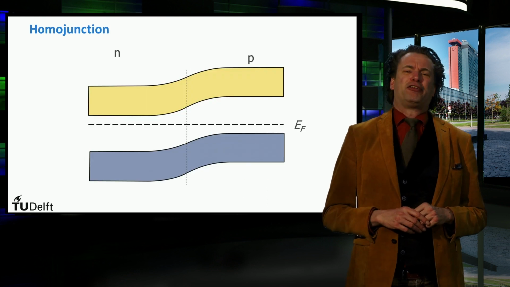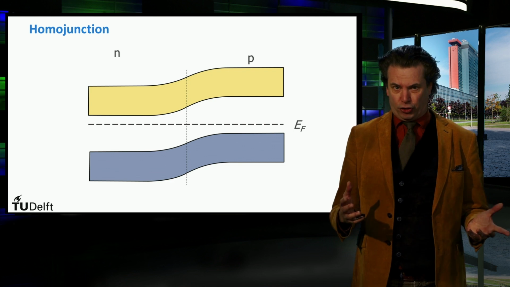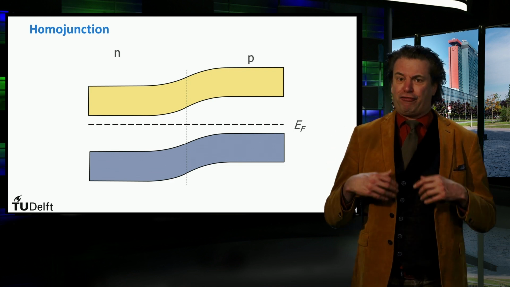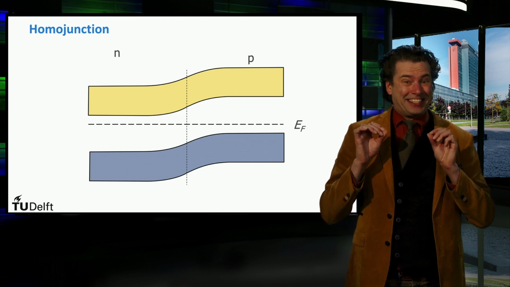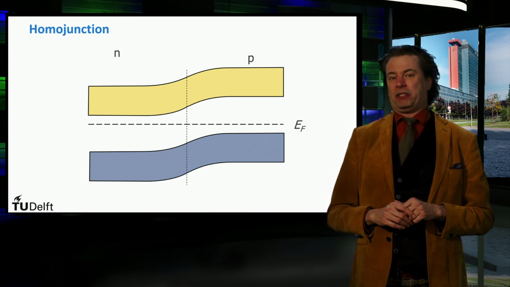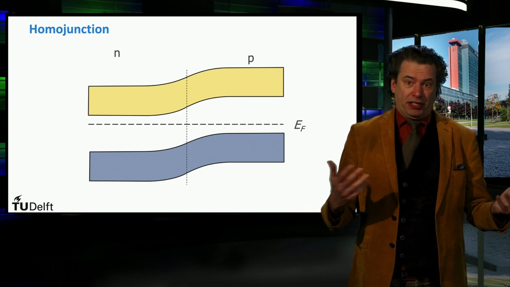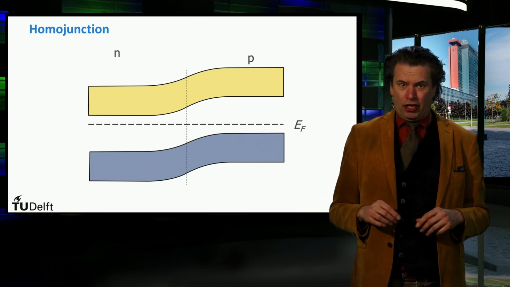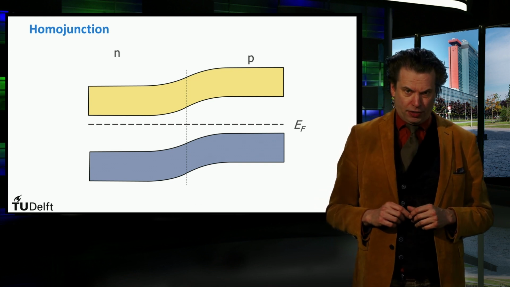So far, I have introduced you to the concept of PN junctions with a depletion zone. These junctions are fabricated by different doping types within the same semiconductor material. This means the band gap in the p- and n-doped material is the same. Such a PN junction is called a homojunction.